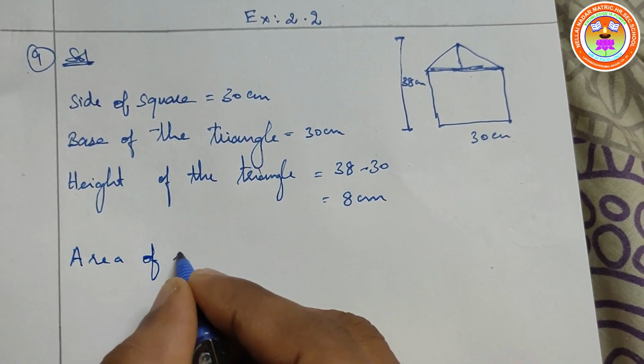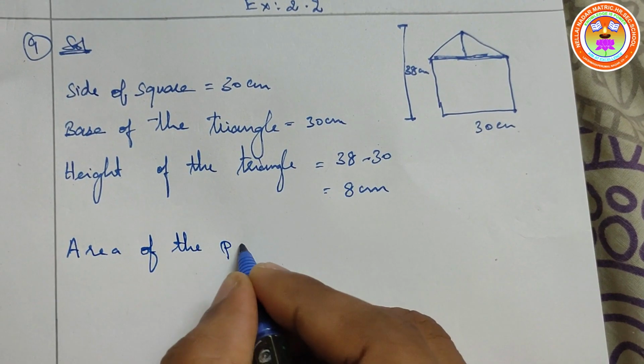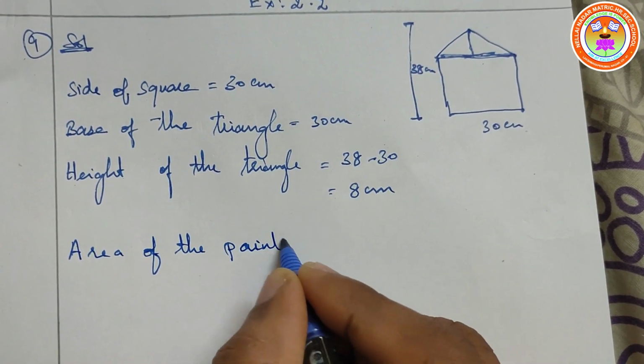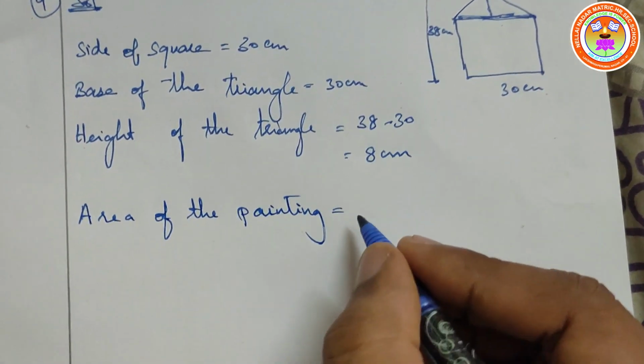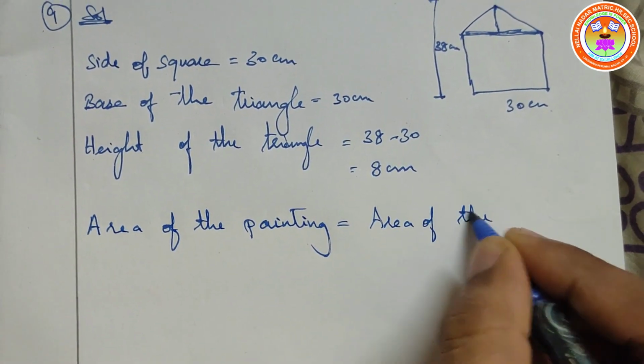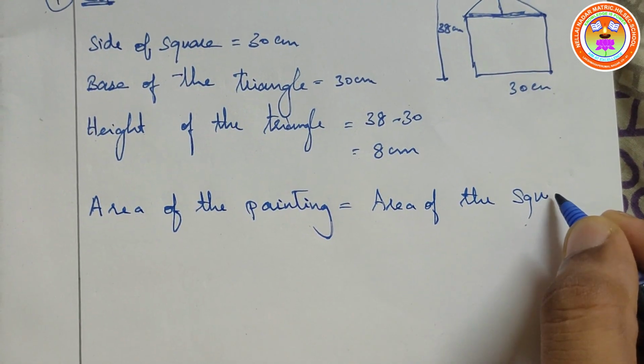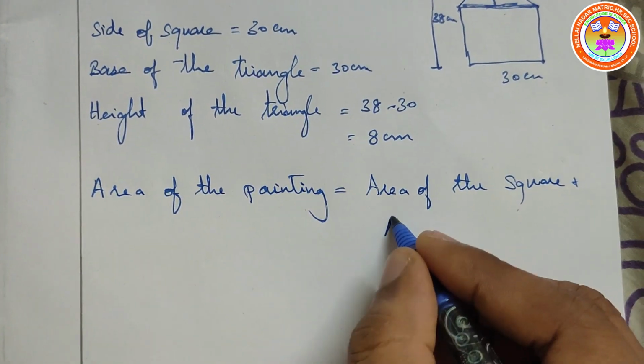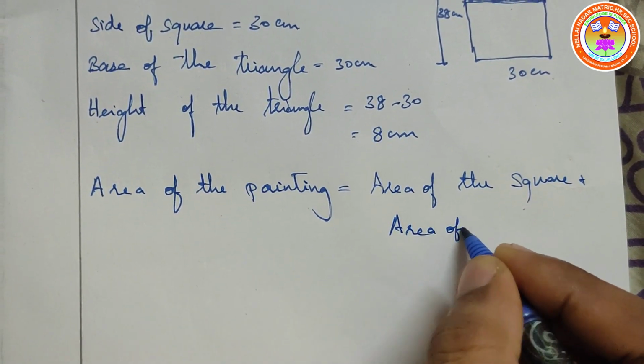Area of the painting is equal to area of the square plus area of triangle.